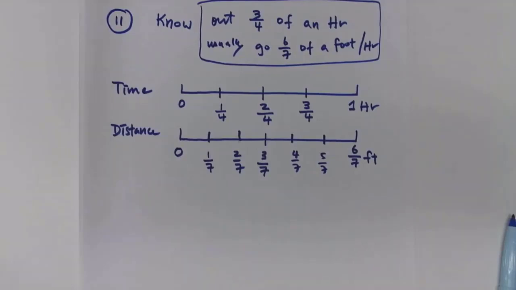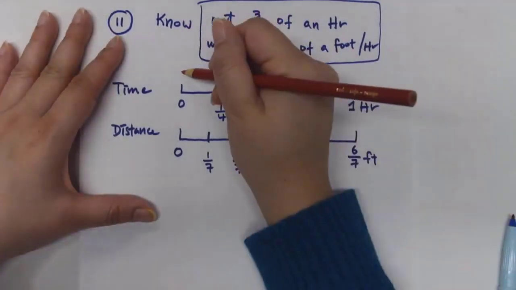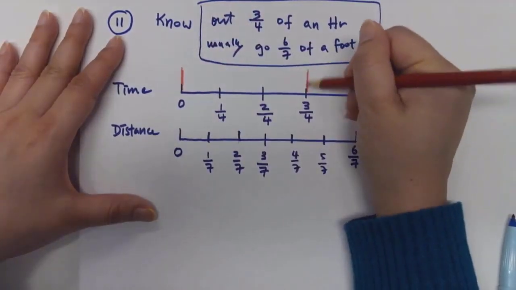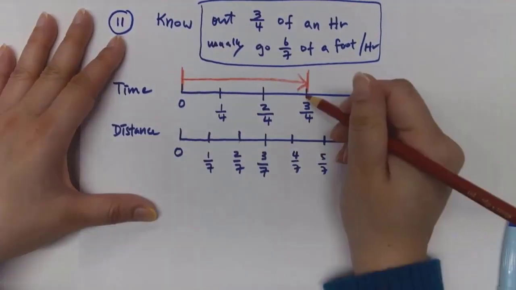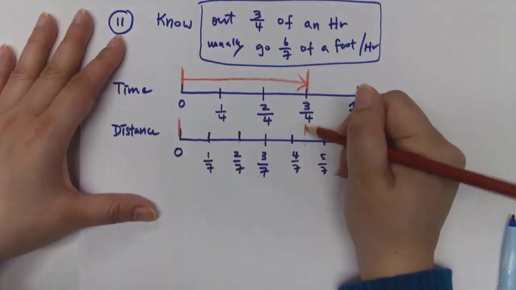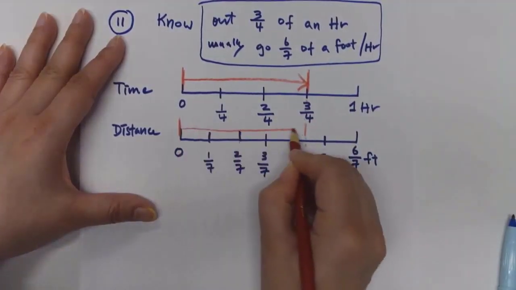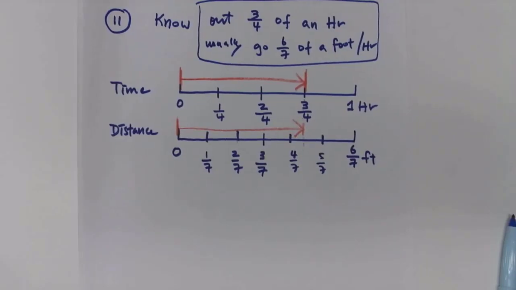So far, they've gone out for how long? 3/4 of an hour. So I'm going to have an arrow go from here to there. So if I extend it down, it looks like how much of a distance approximately they have gone. About between 4 and 5.